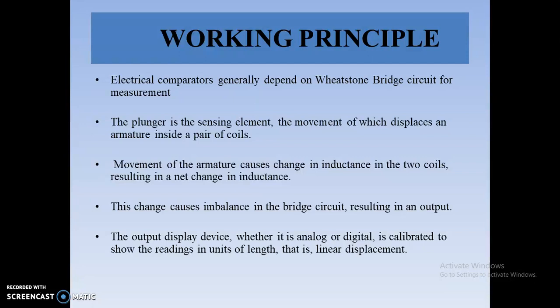When the balance condition is broken, a current flows through the galvanometer. The current flowing through the galvanometer will give an output. Now that output can be read from a display unit. It can be either analog or digital, and it is generally calibrated in units of length, that is, it will show linear displacement.